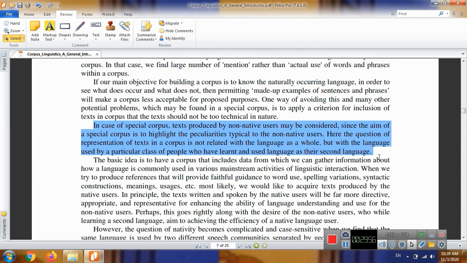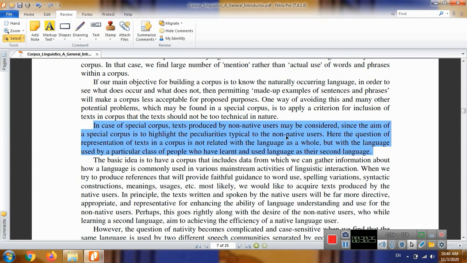In the case of a special corpus, text produced by non-native users may be considered, since the aim of a special corpus is to highlight the peculiarities typical to non-native users.